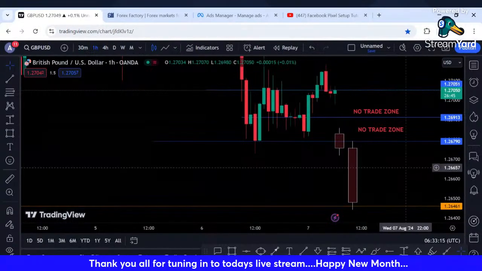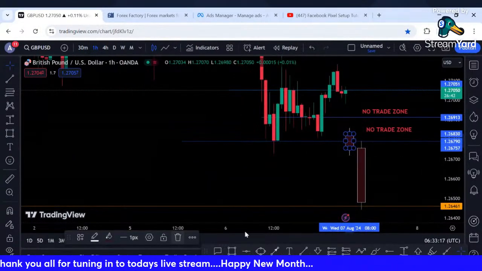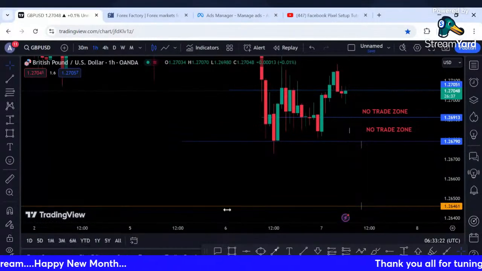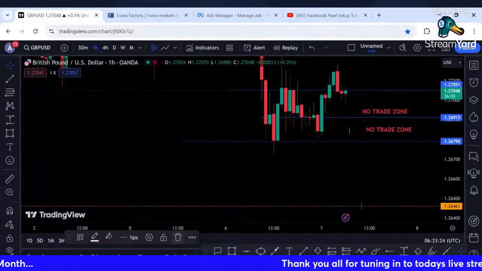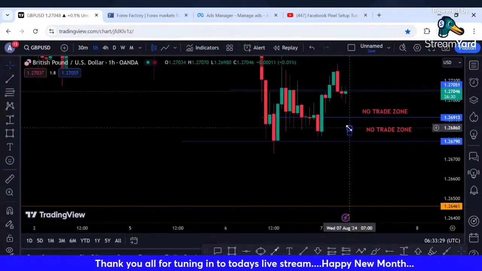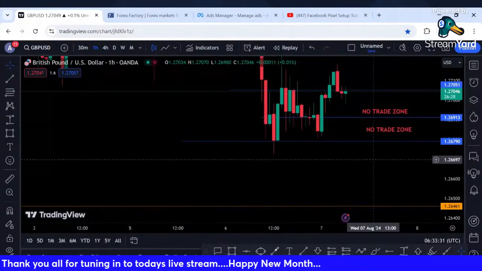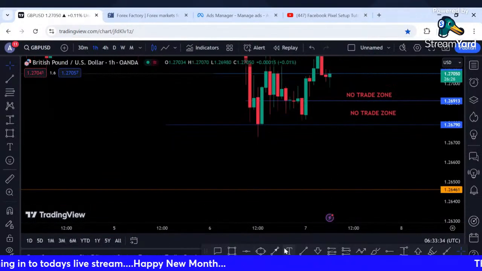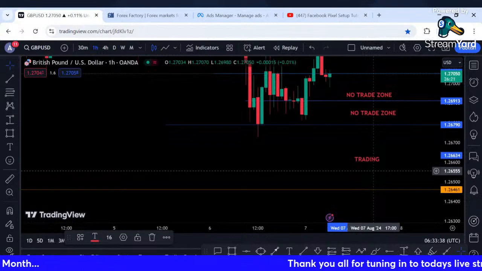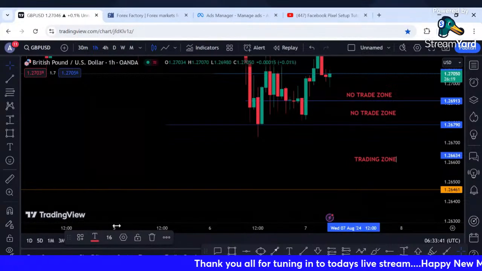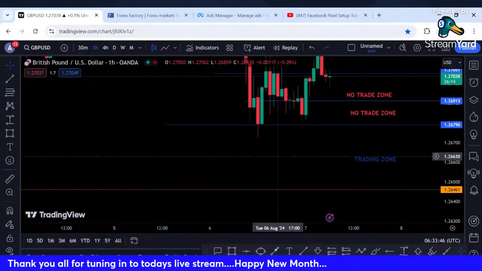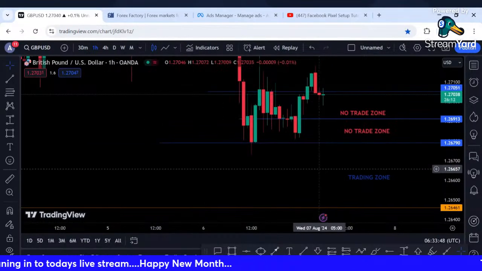So this is the zone I would love to trade. So let me indicate the trading zone. So that's how it is.